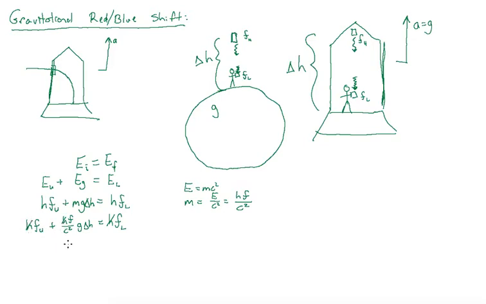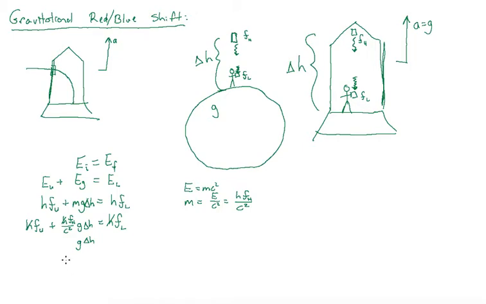And then if we start solving for this, we've got g delta h. Oh, and I'm sorry, this is f high. Sorry, that's its energy up high, the frequency of it while it's up high. My mistake. Forgot to put that on there.